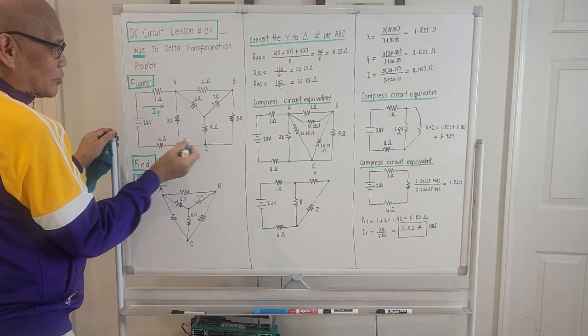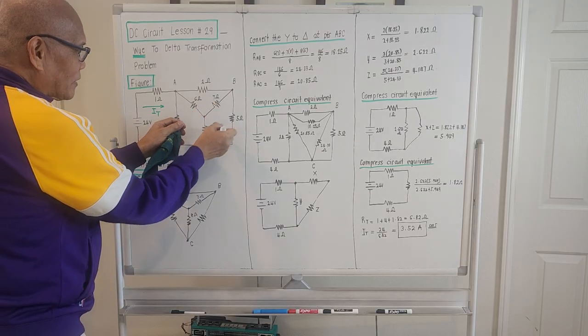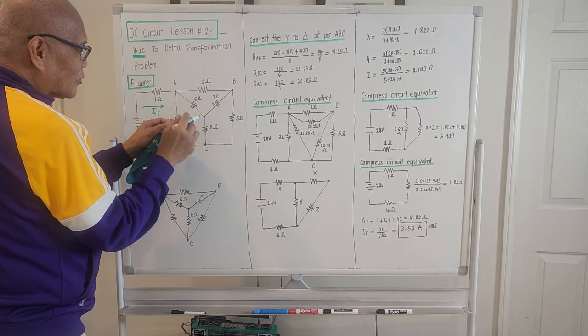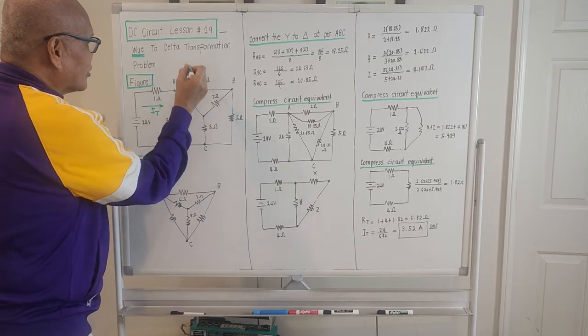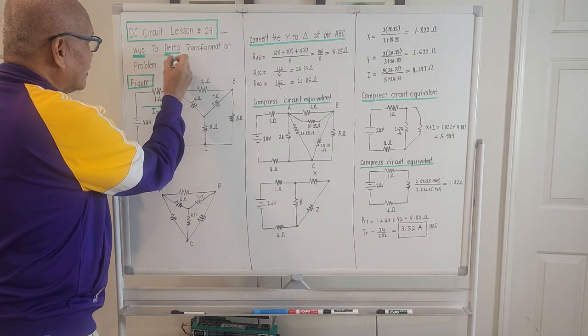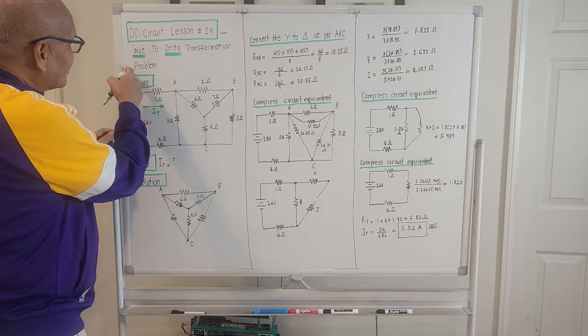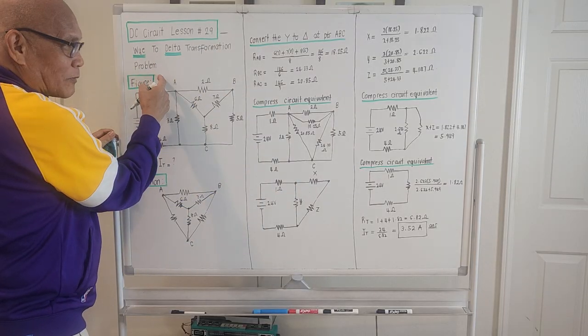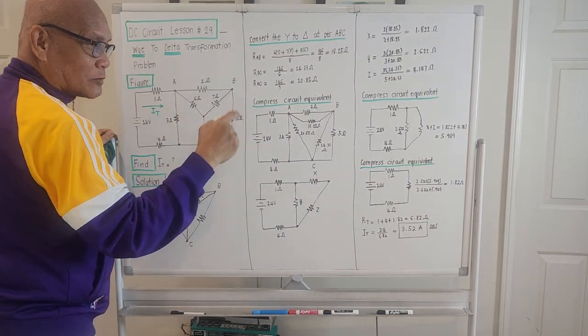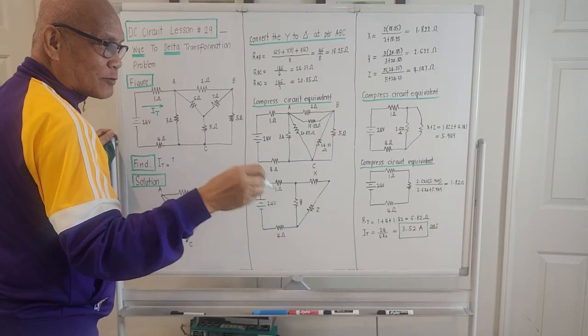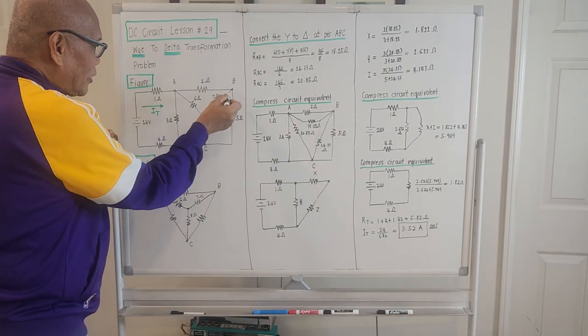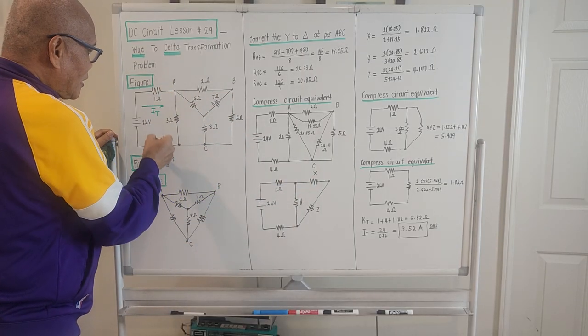Okay? So to simplify this portion here, we must have to convert this Y here to its equivalent in delta. That's why the title of the topic for this morning is Y to Delta Transformation Problem.